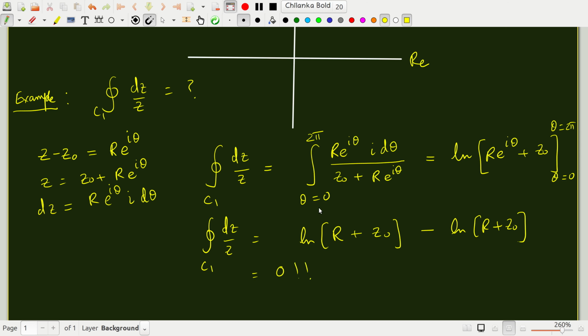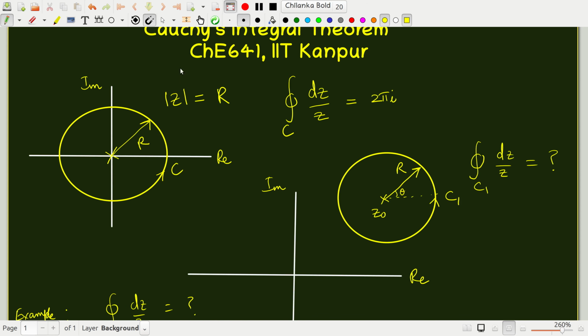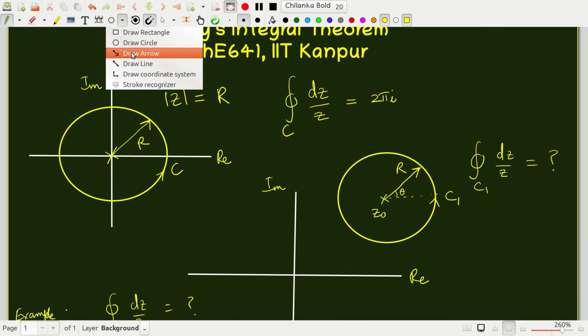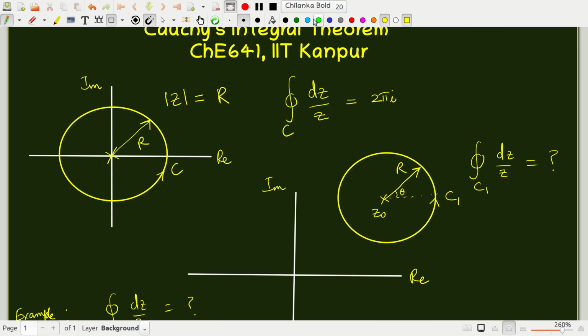So what we have seen is you have this integral about the origin. When the contour is a circle of radius r about the origin, you got this very important result. This is a fundamental result in complex analysis. In contrast, when the contour or the circle doesn't enclose the origin, we just showed that this is 0.